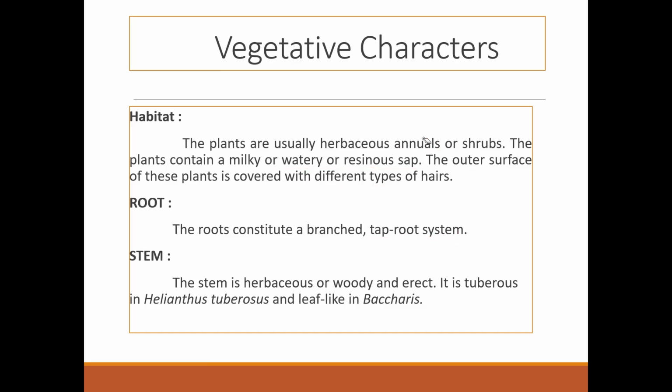The stem is herbaceous, woody if the plant is a shrub, and erect. It is tuberous in Helianthus tuberosus, and may be leaf-like in Baccharis. So these plants generally have a herbaceous and woody stem.